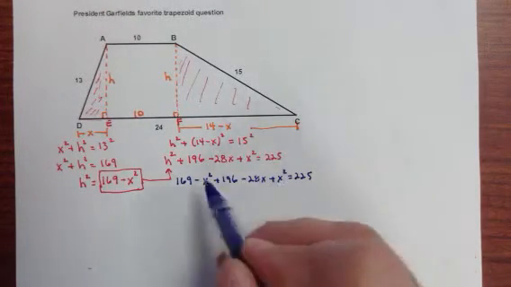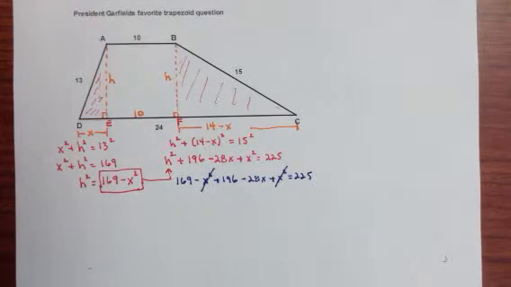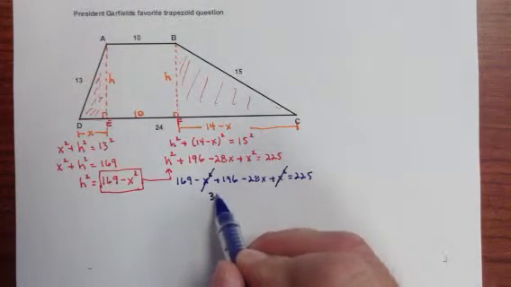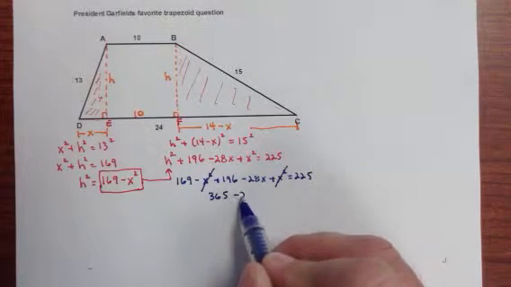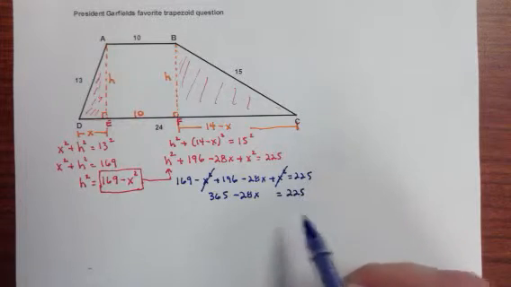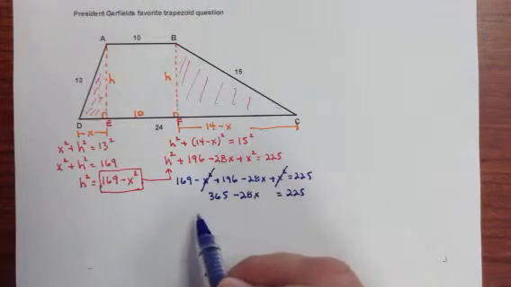Negative x squared, positive x squared, those drop out. If I were to add 169 and 196 right here, I would get 365. So I would have 365 minus 28x equals 225.